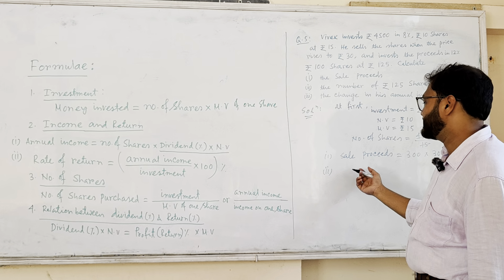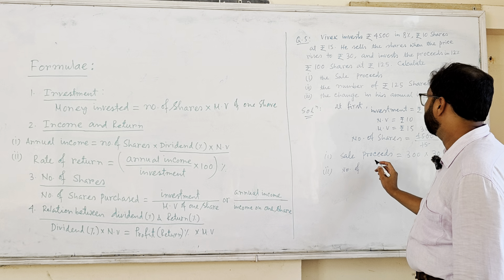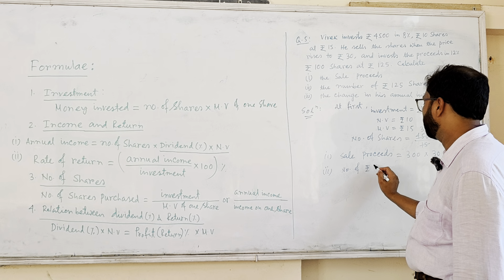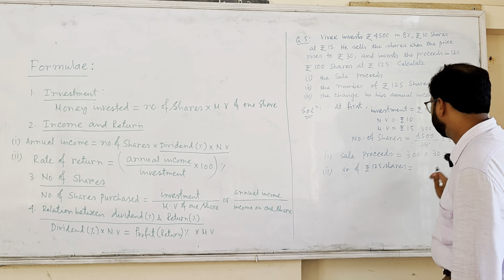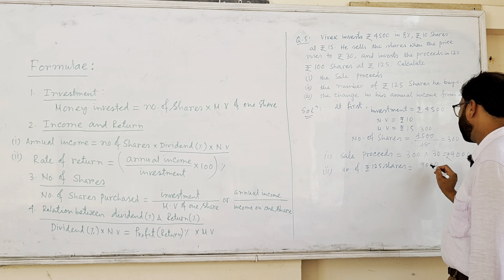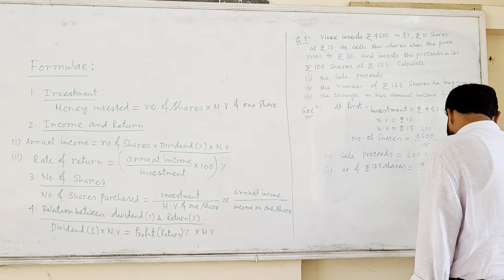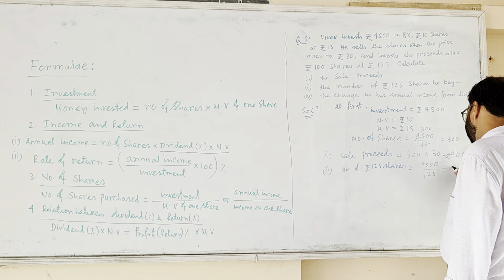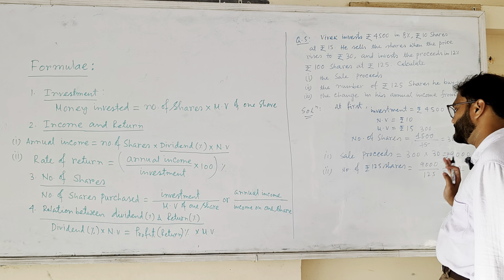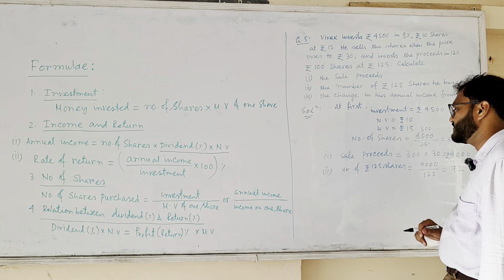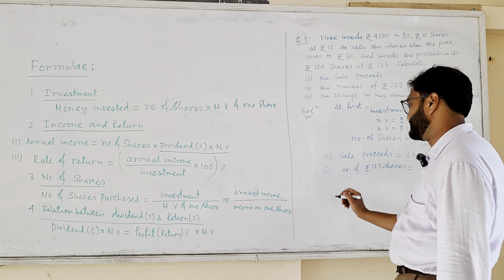The second answer is number of 125 shares equals 9,000 by 125. It will come 72. If you calculate, it will come 72. So he bought 72 shares whose market value is 125 rupees.